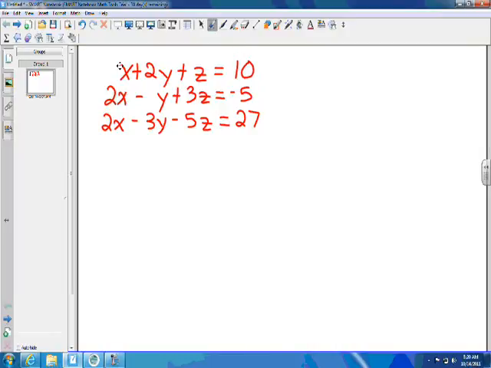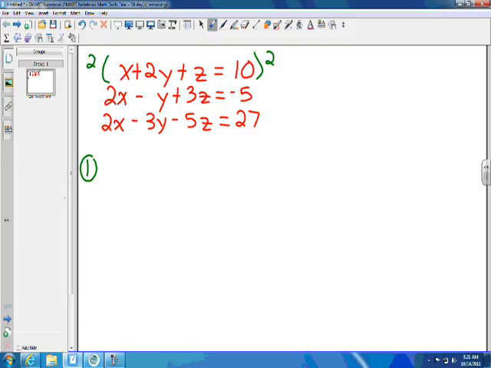So, looking at these top 2 equations, if I'm going to eliminate the x's here, what do I need to do to the top equation? I just multiply by 2. You could multiply by -2 if you wanted to. So I put the whole thing in parentheses, multiply everything times 2. And then I would write that down. So this is going to be step 1.